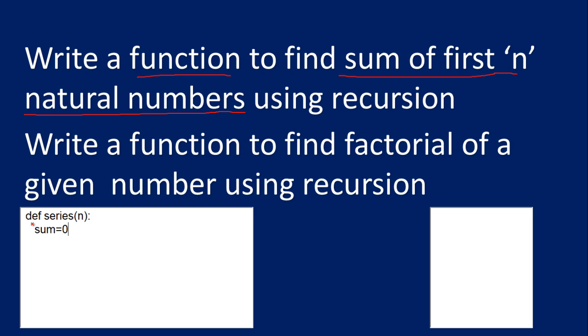In this we will take sum as 0, and then perform a for loop: for i in range(1, n+1), and I know that I will get all the values from 1 to n. I will add those values to sum, and once it is over, we can simply return the value of sum.